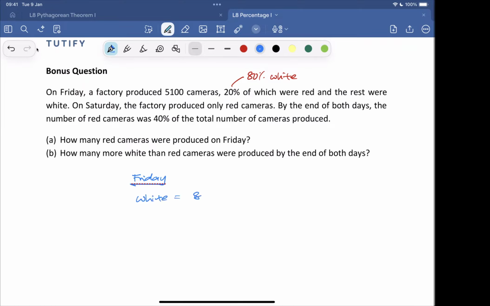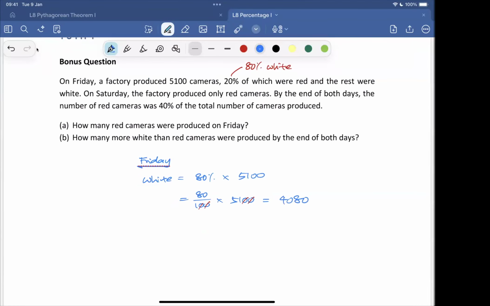So 80% out of how many cameras? 5,100 cameras. Very good. So now you convert this to a fraction, and now you can find out how many white cameras are produced. And if you calculate, you produce 4,080 white cameras on Friday. So far, okay or not, Ying Ying? Yeah. So far, understand?